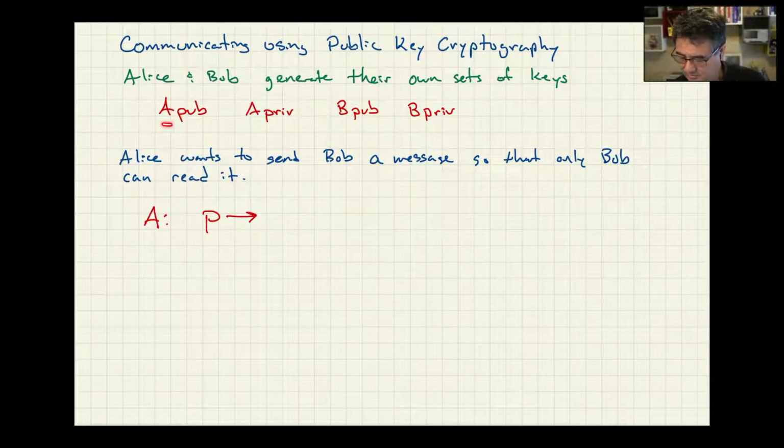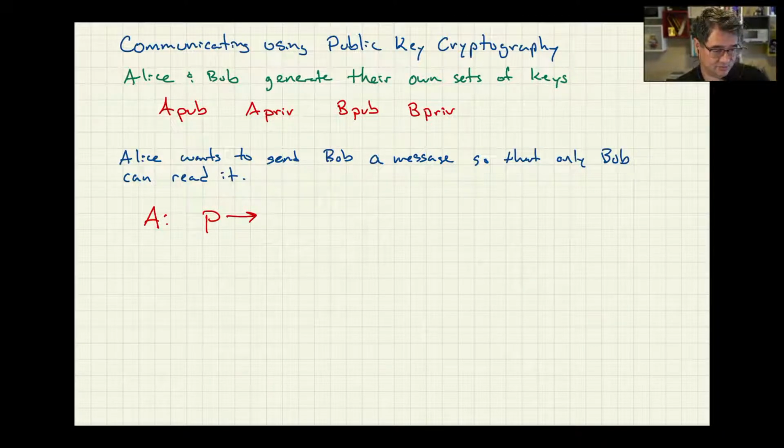Now, these are the four keys that she could possibly use. And actually, she does not have this one. She doesn't have Bob's private key because Bob kept that one secret to himself. So she really only has access to these three. Good.